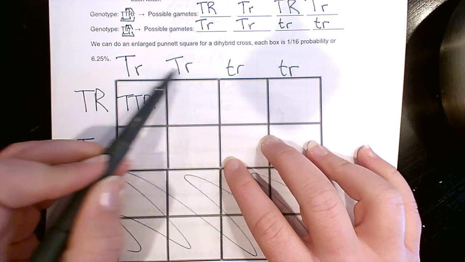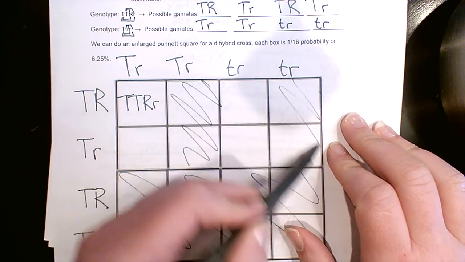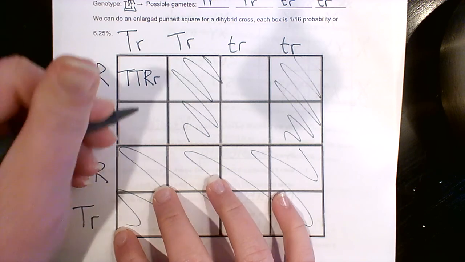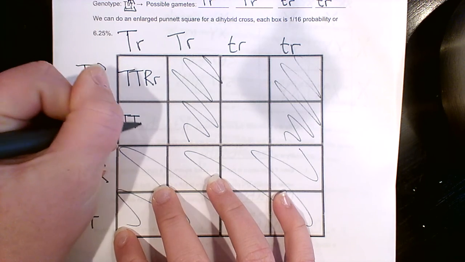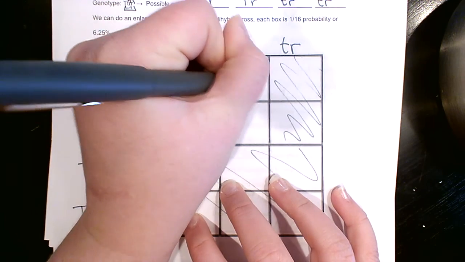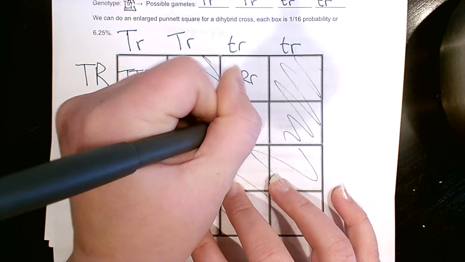These two are identical, so I can cross out one of them. And these two are identical, so I can cross out one of them. And this becomes a lot less work. So now I have big T, little r, big T, big R, little r, big T, little r.